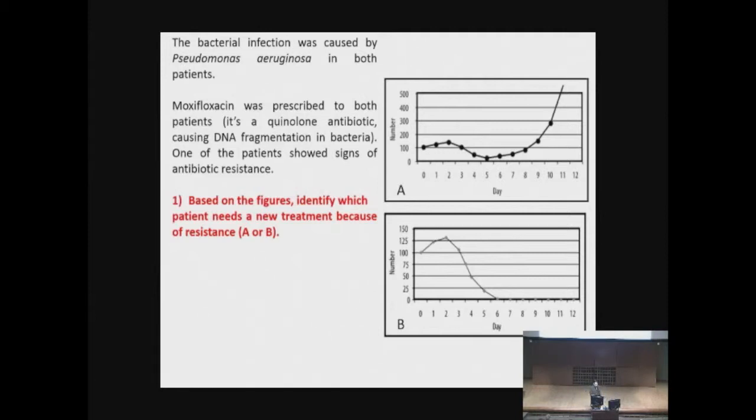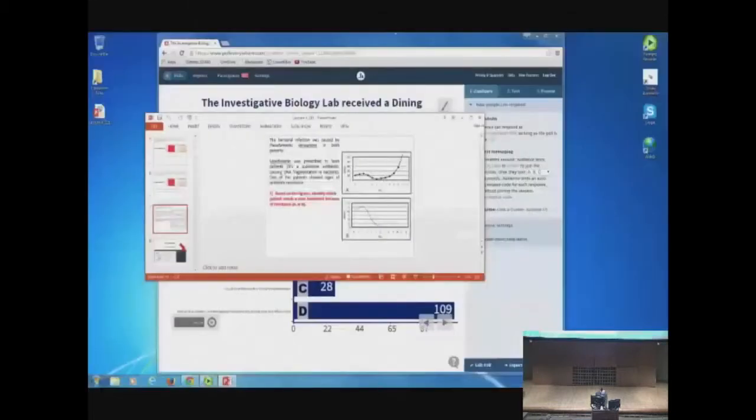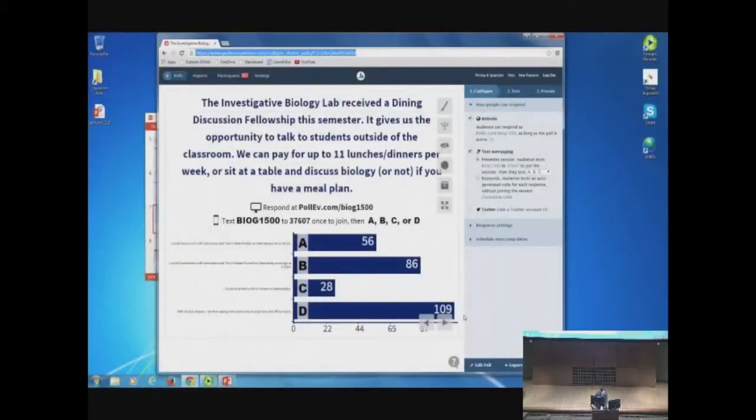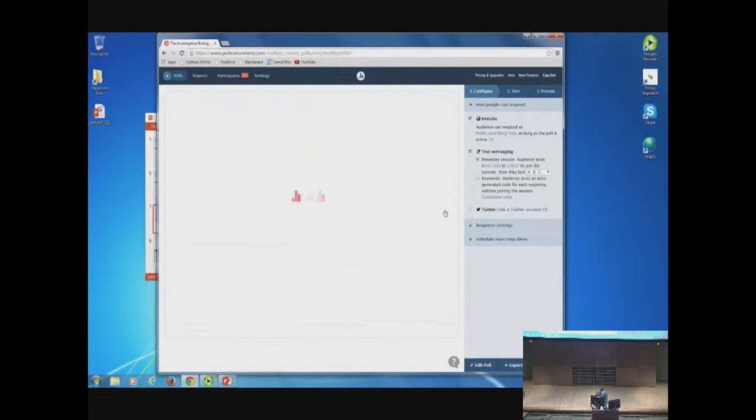All right, pick one, A or B. So based on that figure, and unfortunately I cannot put the figure up with the question, which one was showing resistance?